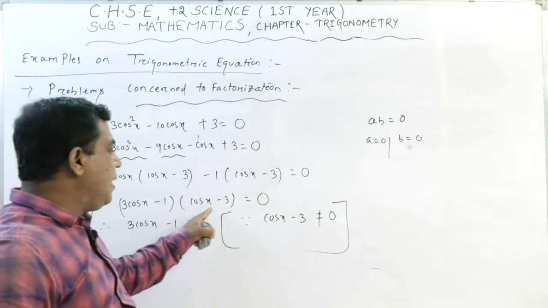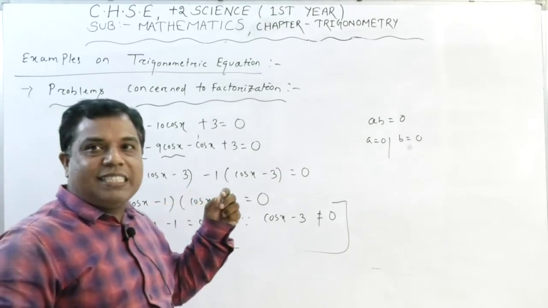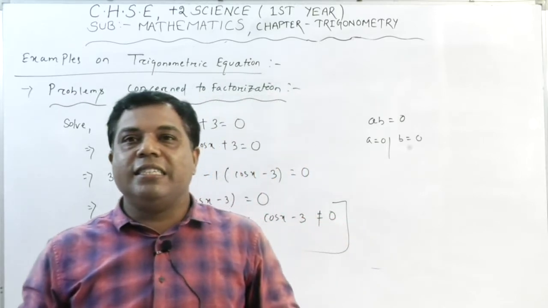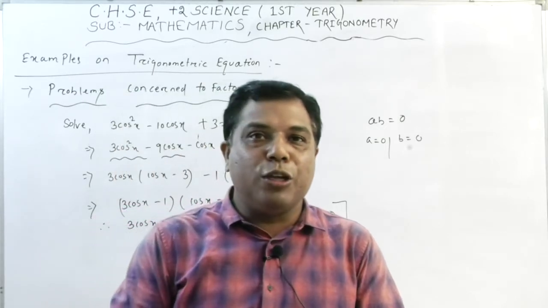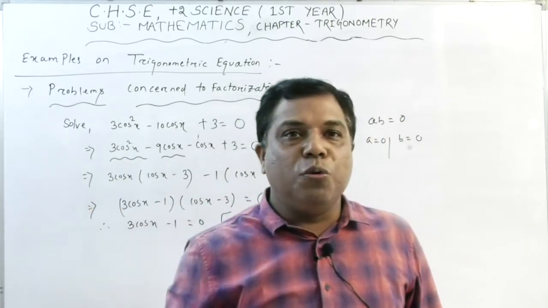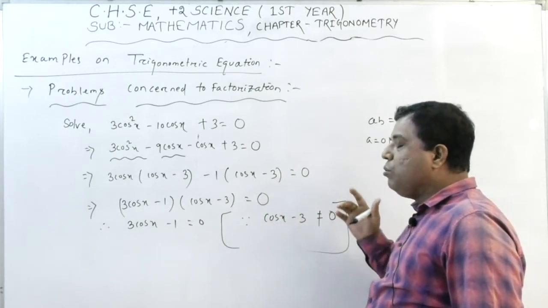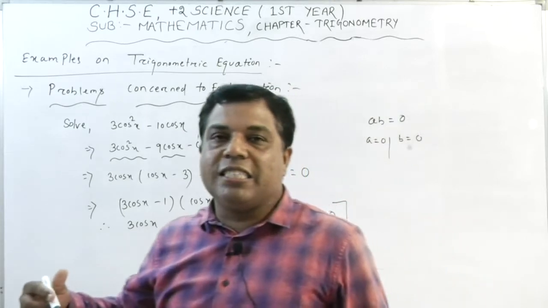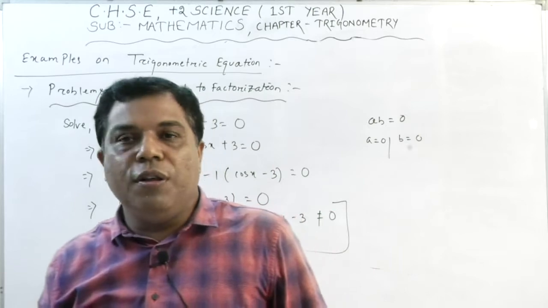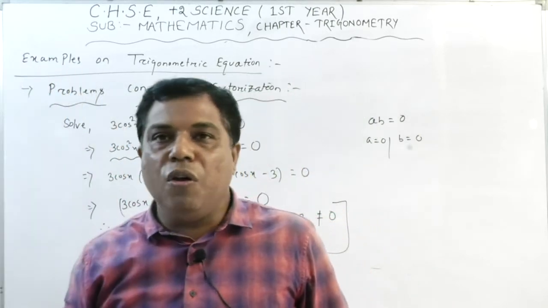Why can't cos x minus 3 be 0? Because the range of cos x is between minus 1 and plus 1, so it can't reach 3. If cos x were 3, then 3 minus 3 would be 0, but cos x does not have a value up to 3. It is limited, ranging from minus 1 to plus 1.